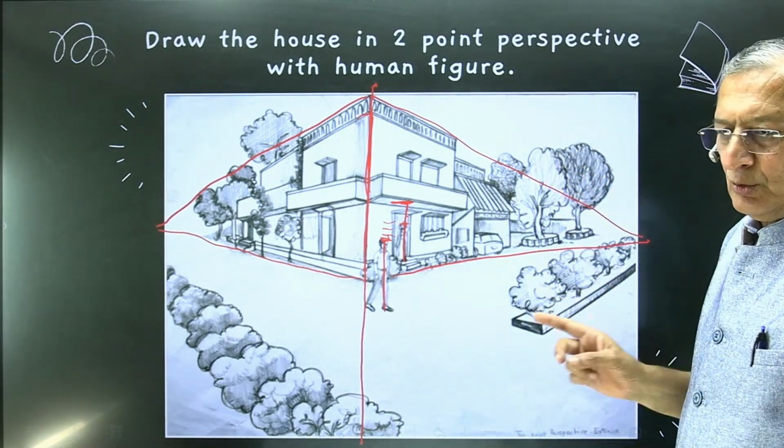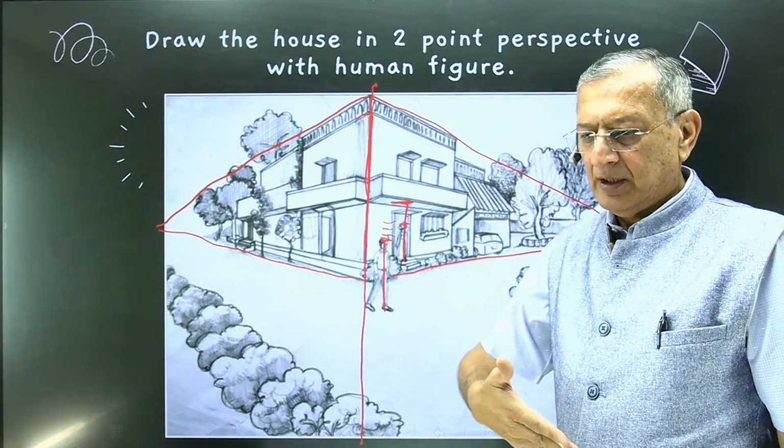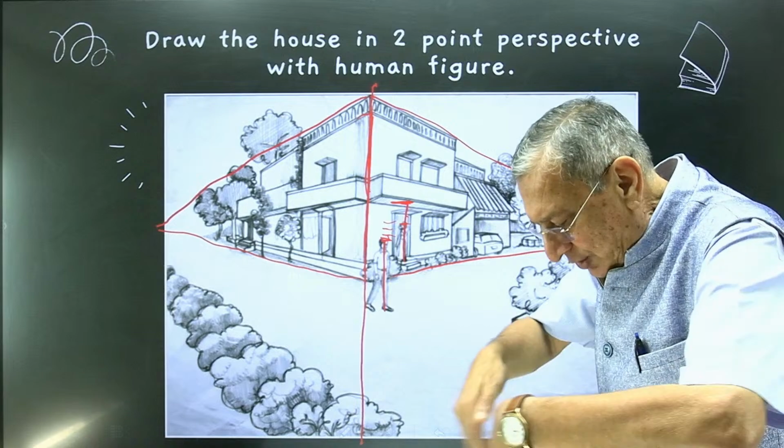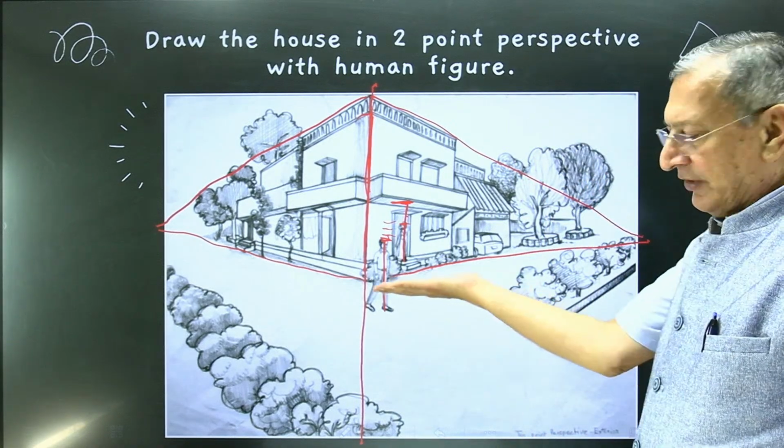In 1-point and 2-point perspective, both the object and the picture plane are right angle to the ground.